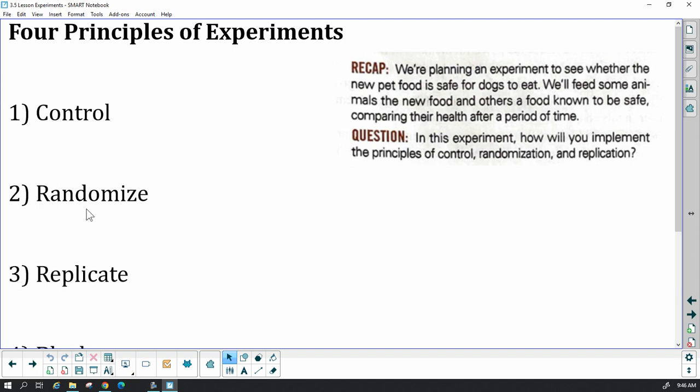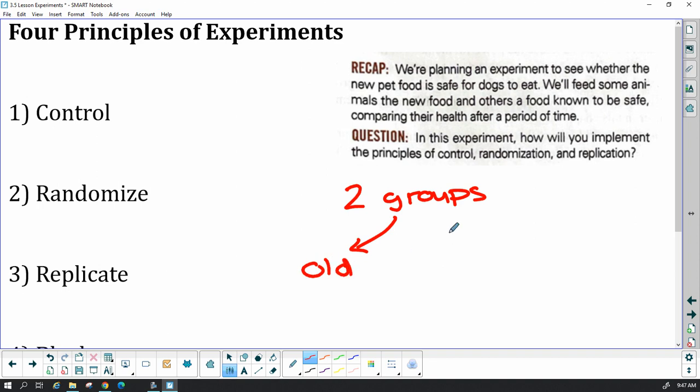So in this case, we probably will want to have two groups, a group that eats the old food and a group that eats the new food. One group will have old food, one group will have new food. And so this gives us a level of control. We're controlling what is being eaten.